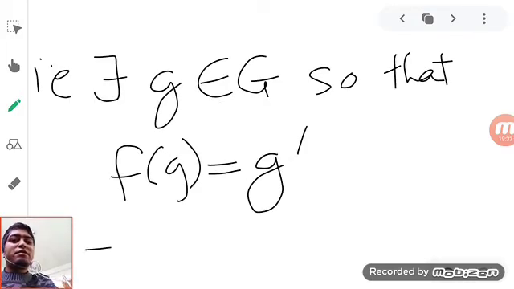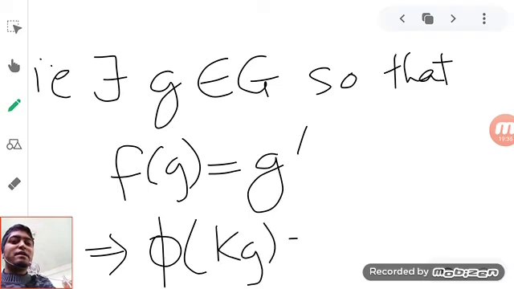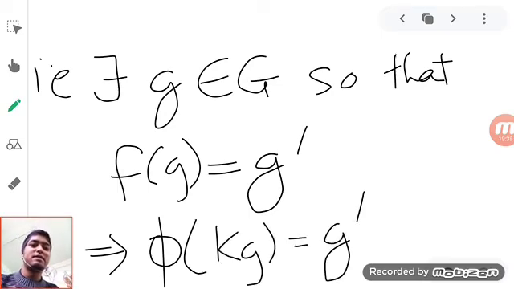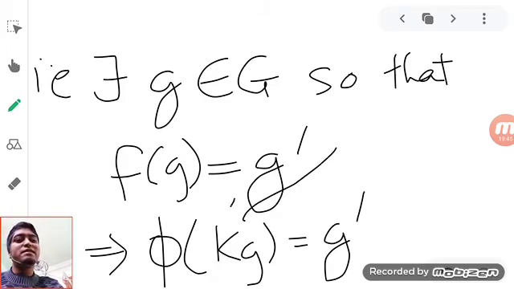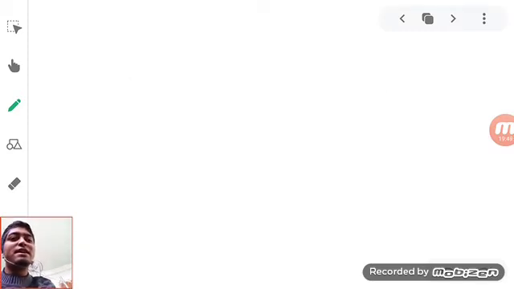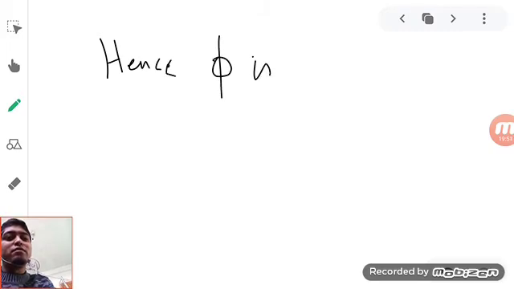But f(g) is equal to g dash, that is phi(Kg) equal g dash. So this proves that it is onto. We have managed to find that there exists an element Kg so that phi(Kg) is equal to g dash, hence phi is onto.